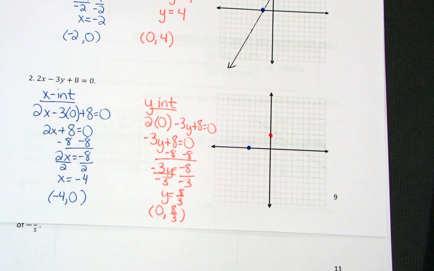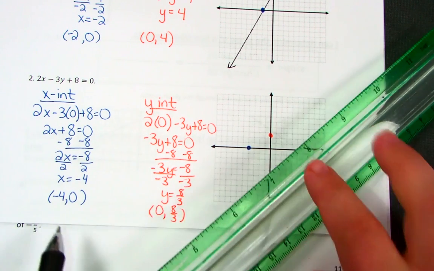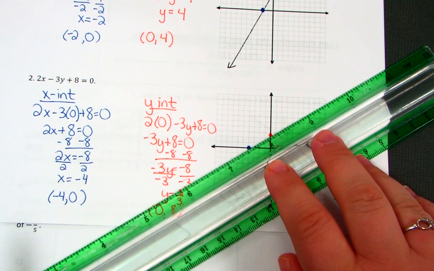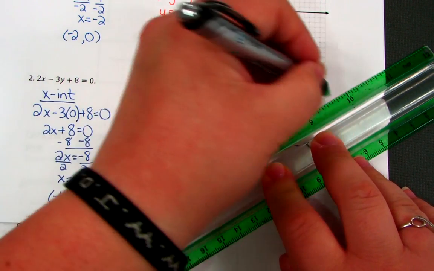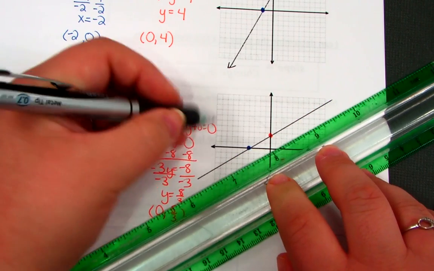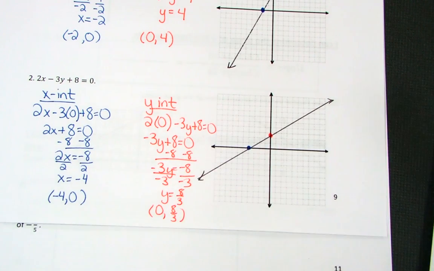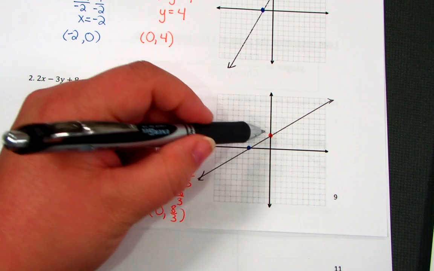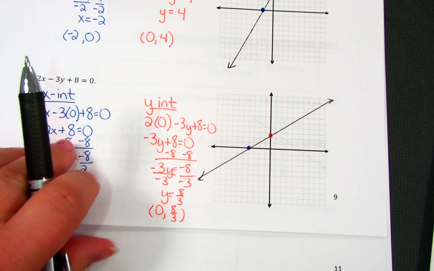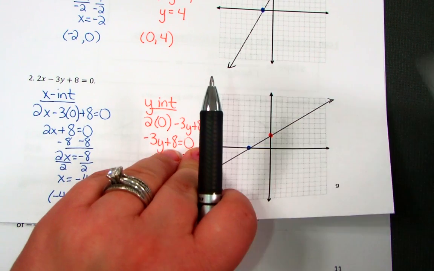And we'll connect those dots with a nice straight line. And arrows on the end. Make sure your line goes all the way across. Please don't just draw the line right here and put arrows all the way across.